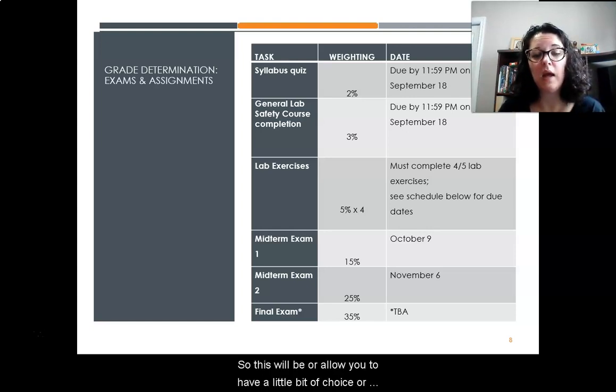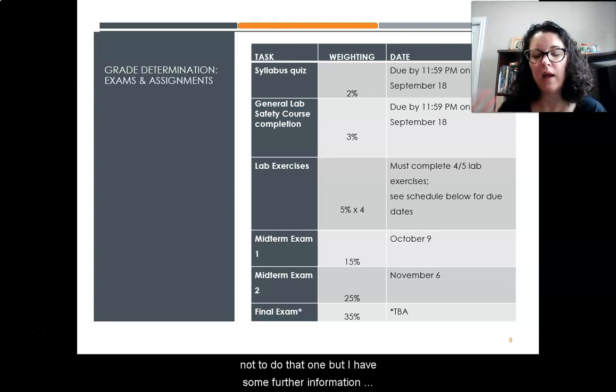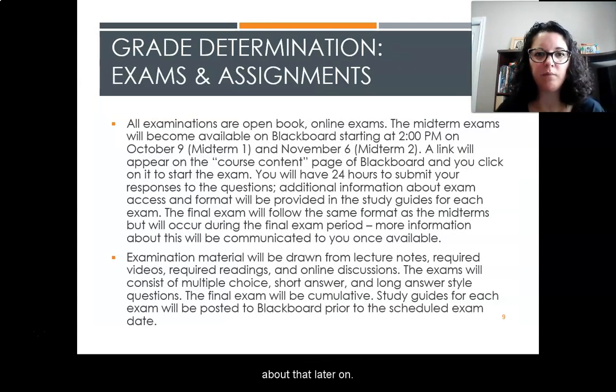This will allow you to have a little bit of choice and agency in terms of what your course load looks like throughout the term. So if it's really heavy at a point, if doing the little archaeology exercise is just something you'd rather not have on your plate, no problem. You can choose not to do that one. But I have some further information about that later on.